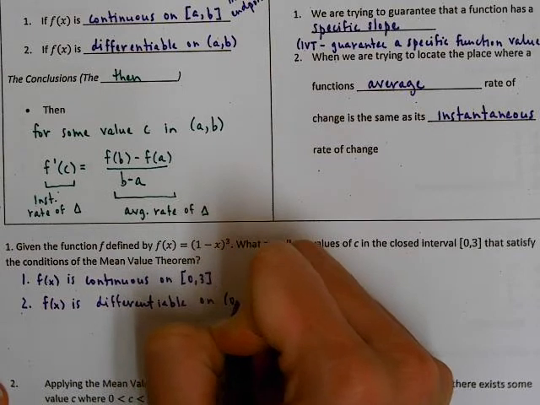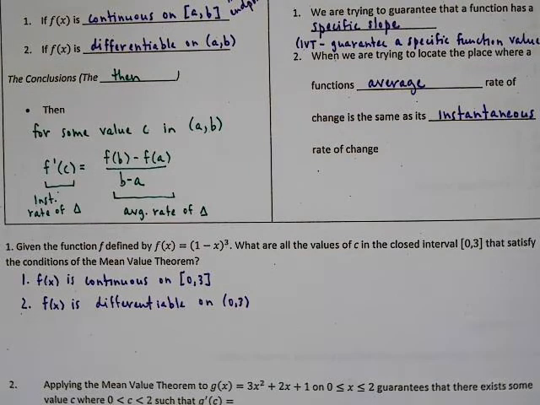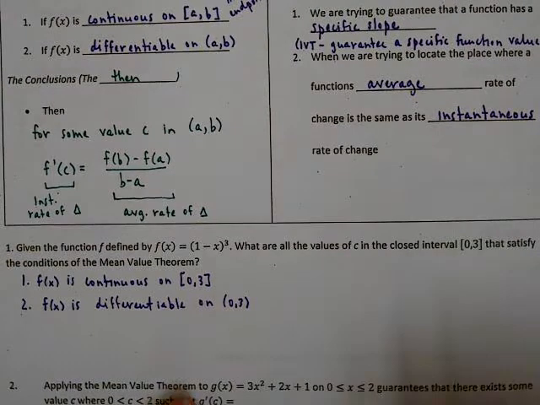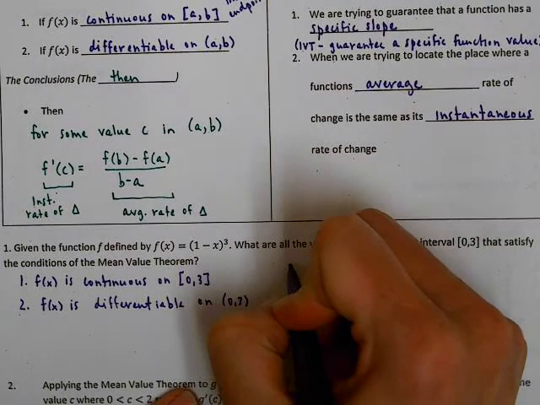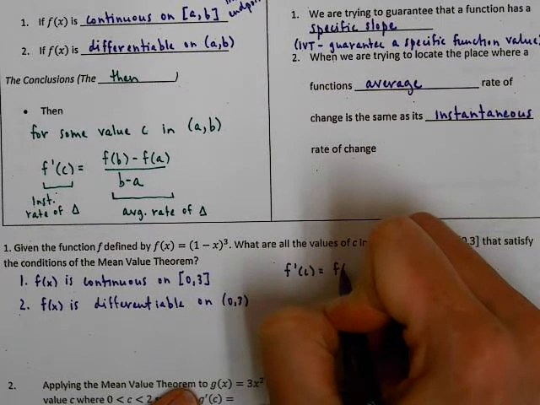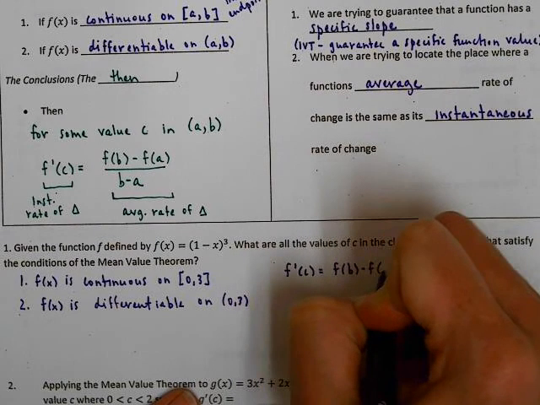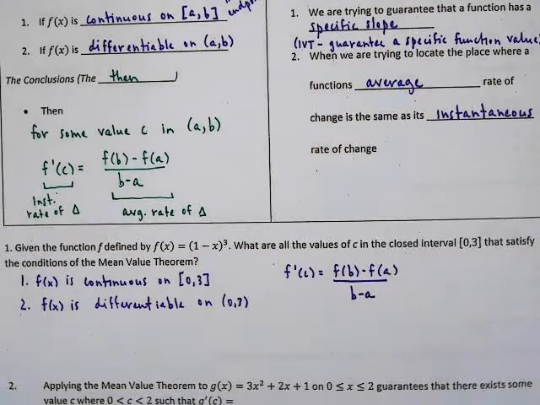On 0, 3. So we've checked our conditions, and now we can actually use the theorem to find those values of c. What the mean value theorem says is that if we've met these conditions, then we know that f prime of c is equal to f of b minus f of a all over b minus a.